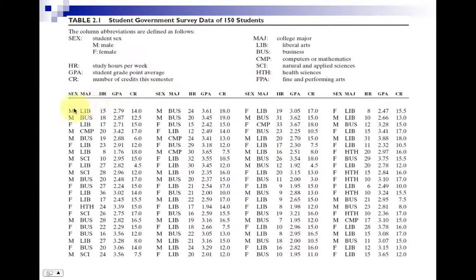And notice that we have rows and rows of student data. So for example, the very first row we have a male who's a liberal arts major, 15 study hours per week with a GPA of 2.79 and 14 credits this semester.